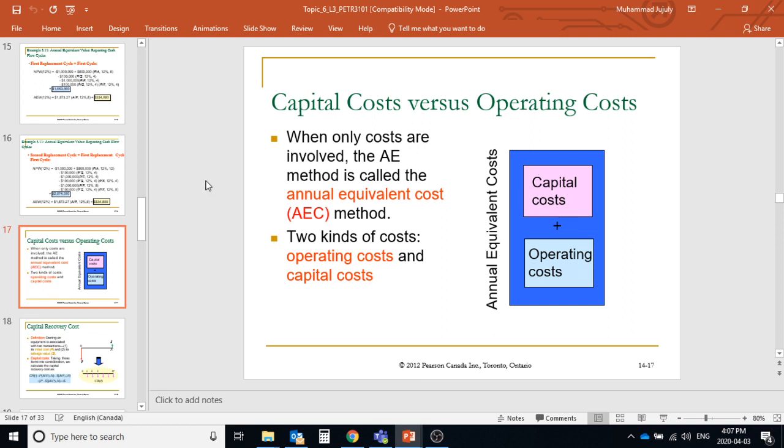Now when you think about a project, just imagine this one. Your car costs $20,000, and do you want to pay $20,000 upfront? Most of us don't.